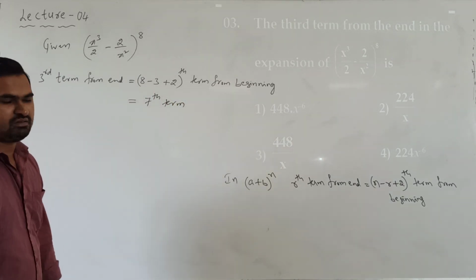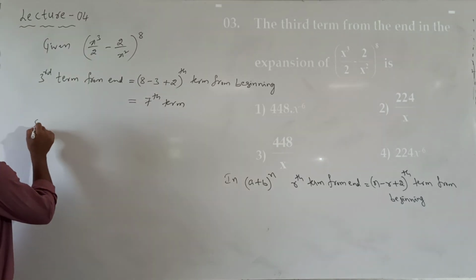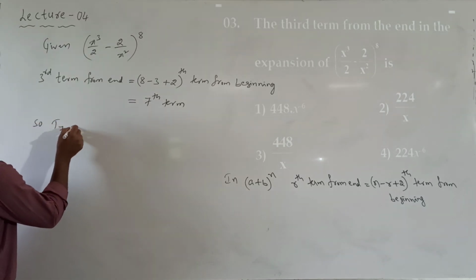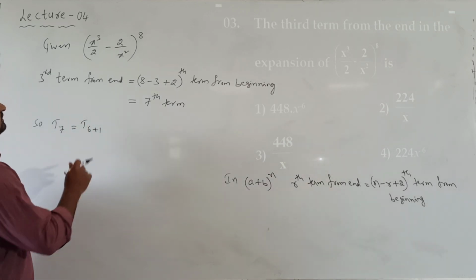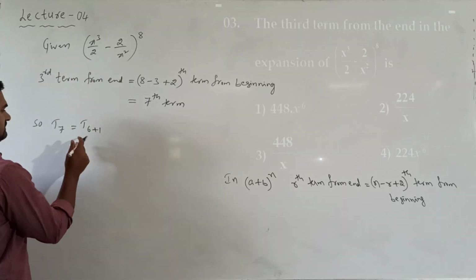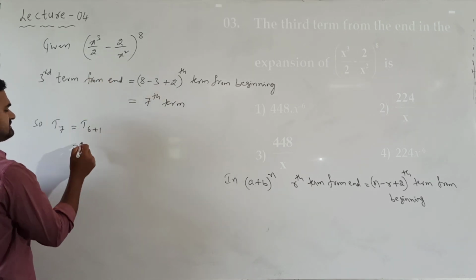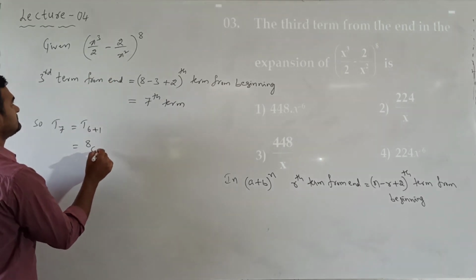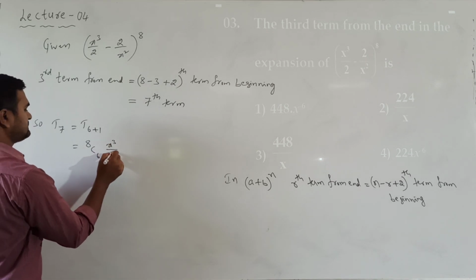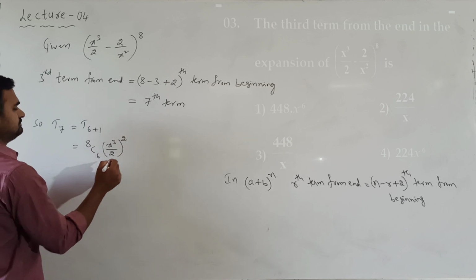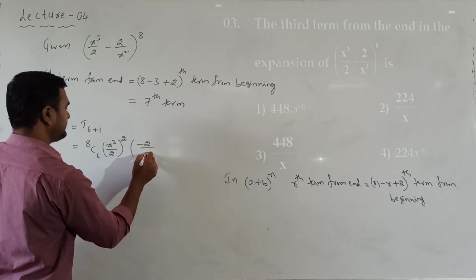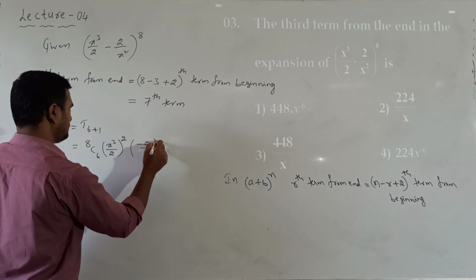So the 7th term. How can I write T7? It is T6 plus 1. Now applying the general term formula, T(r plus 1) equals nCr, 8C6, (x cube by 2) power 8 minus 6, which is 2, into (minus 2 by x square) power 6.